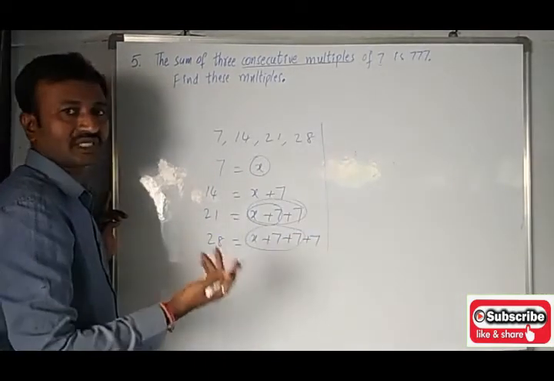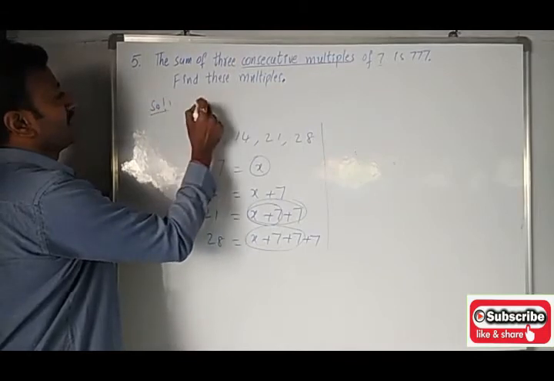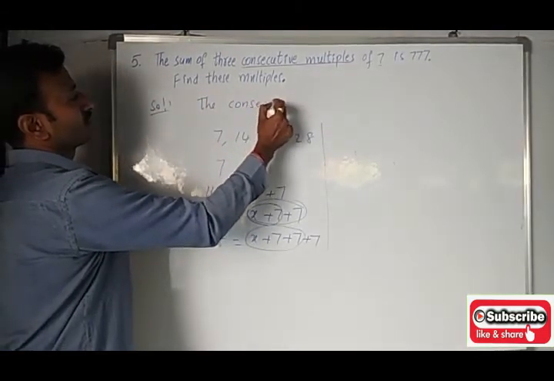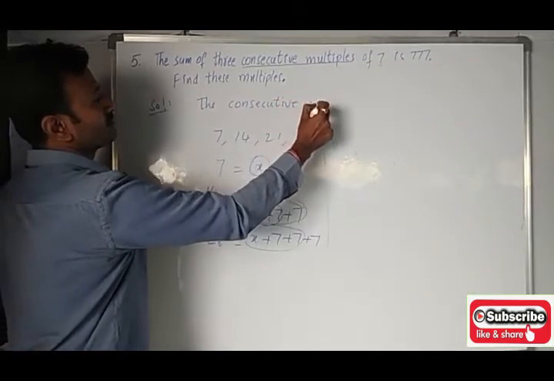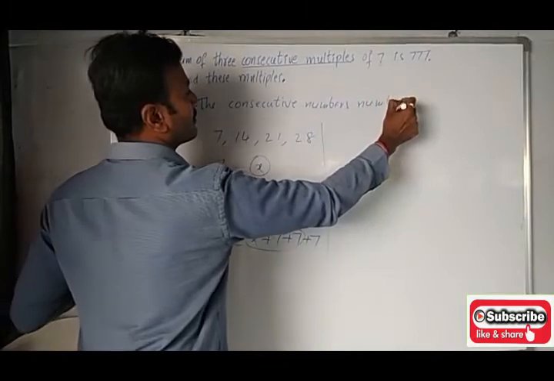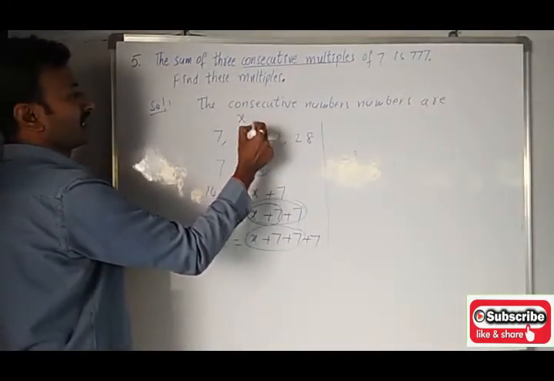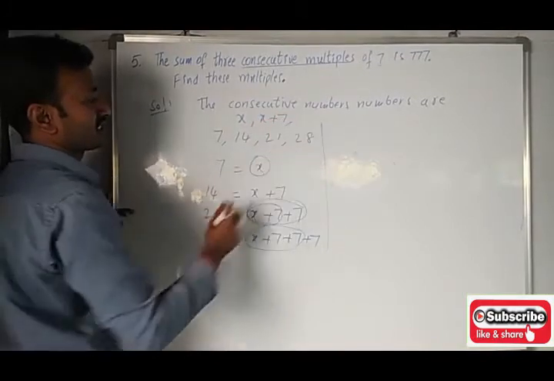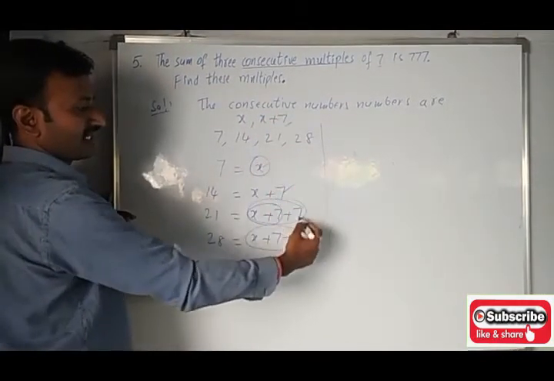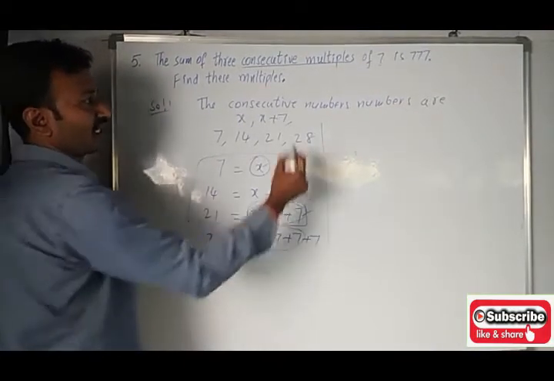What is that clue? It is given in the textbook. The consecutive numbers are x, x plus 7, and up to this only, x plus 14.